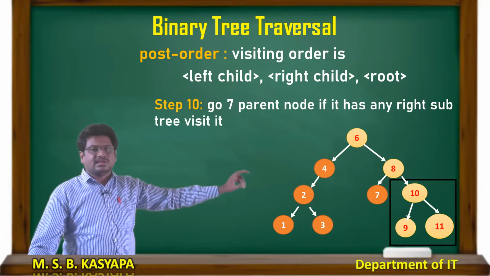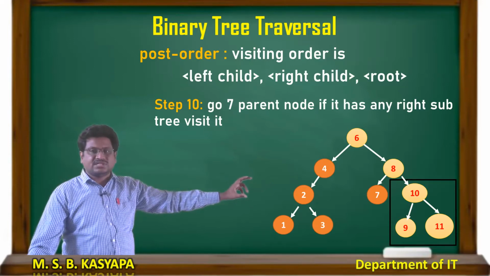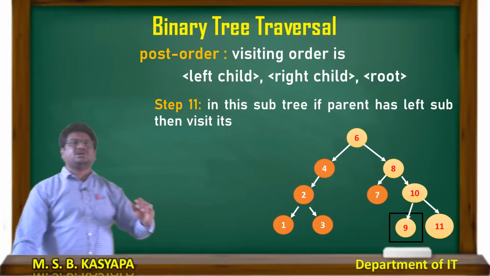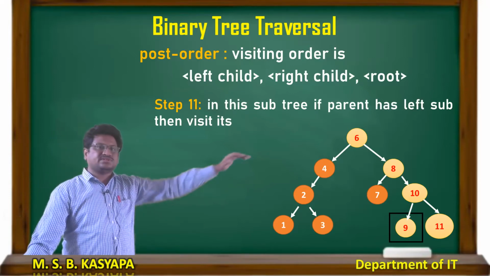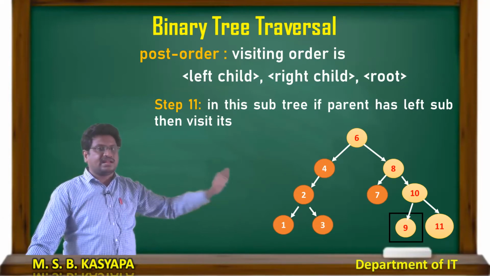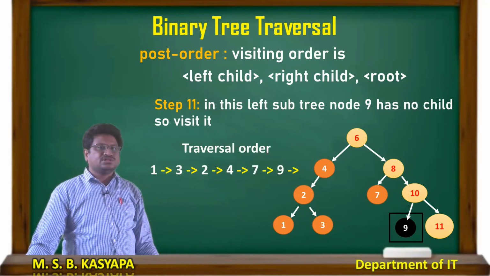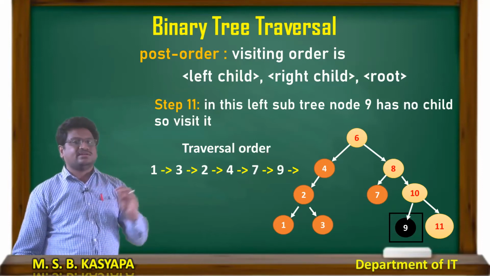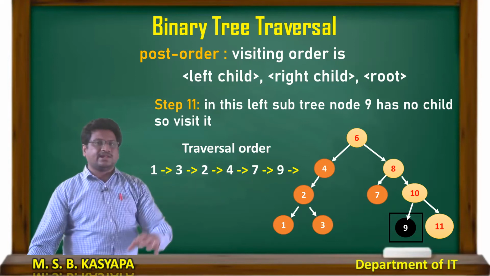So first I am going to come to the left subchild of 10. Left subchild, that means 9. Now I came to 9. If you check 9, it doesn't have any subchildren, so I can directly visit 9. So 1, 3, 2, 4, 7, 9.